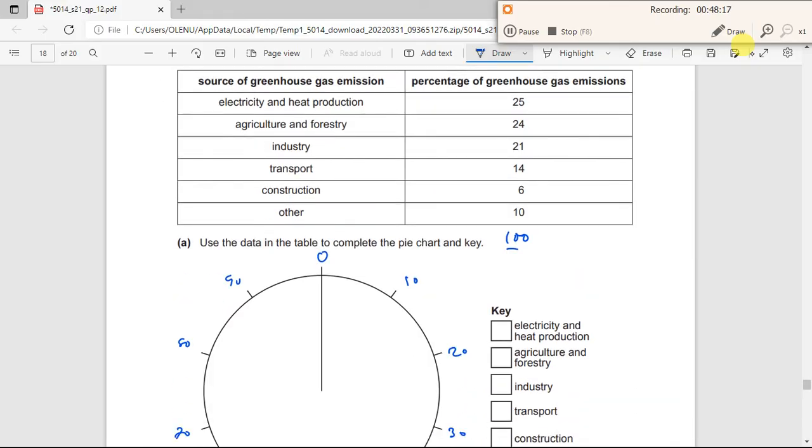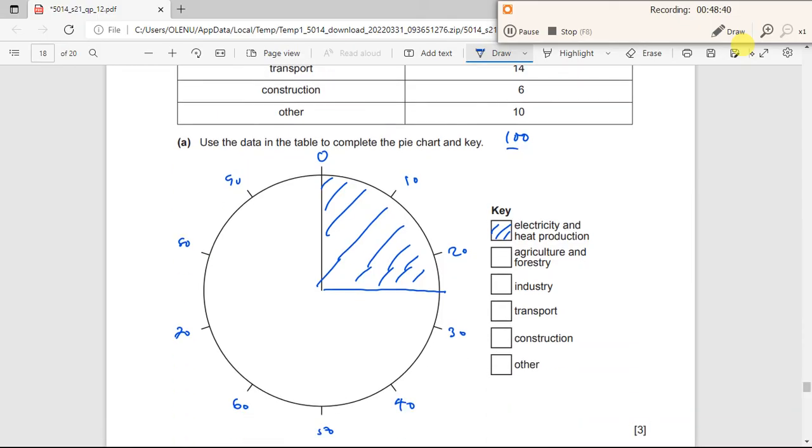My first one is 25, which will be at the middle here, and that's electricity. The next one is 24, agriculture, so 25 plus 24 gives me 49. So 49 will be somewhere here, close to 50.